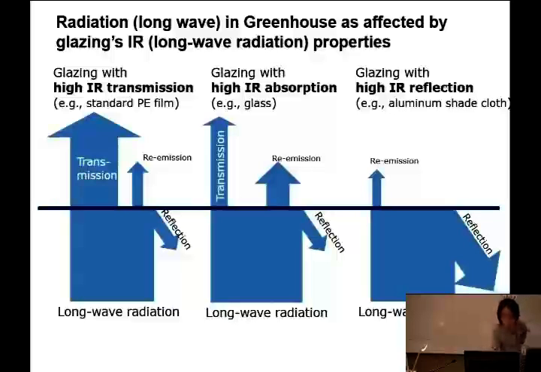So long wave radiation is now reflected hugely. It doesn't transmit either. And therefore, you save a lot of energy, retaining energy inside. So that's one very effective way to reduce the heating cost on cold nights in the greenhouse.